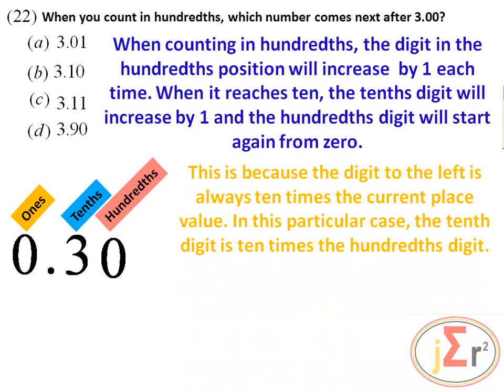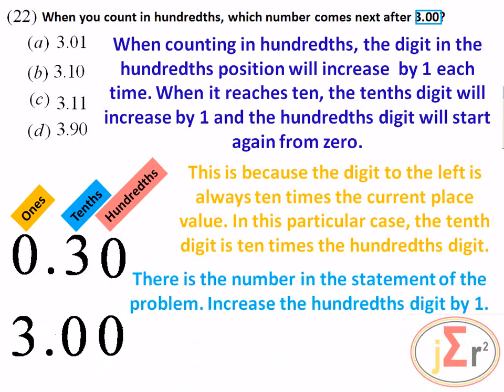And this is because the digit to the left is always 10 times the current place value. In this particular case, the tenths digit is 10 times the hundredths digit. What we will need to do is take our number that we have there, which is 3, and we will see which number comes next after 3 by increasing 3 by 1/100th.